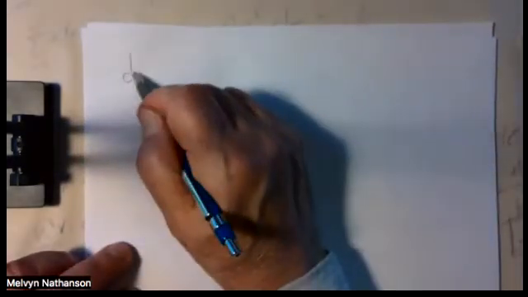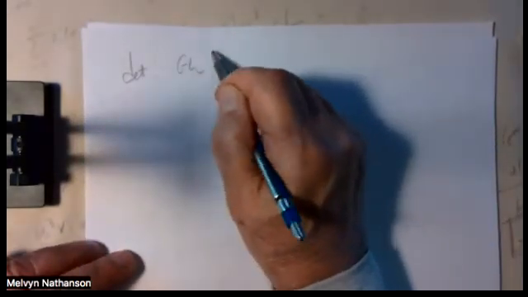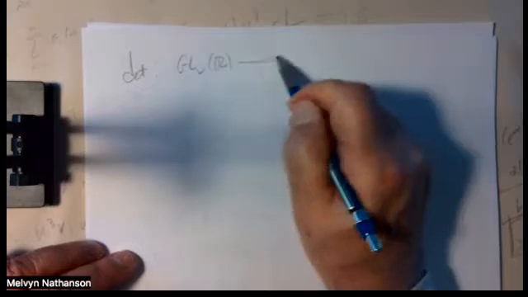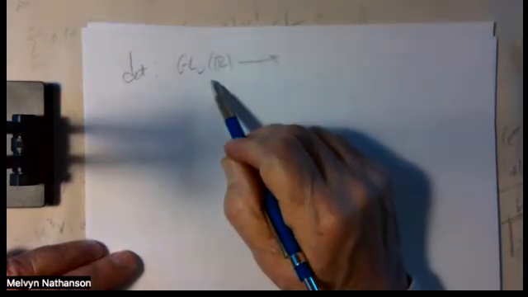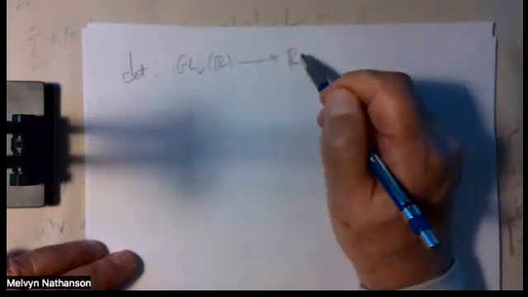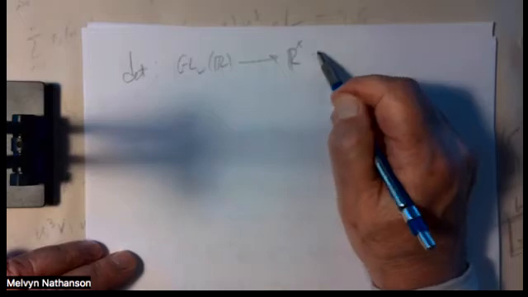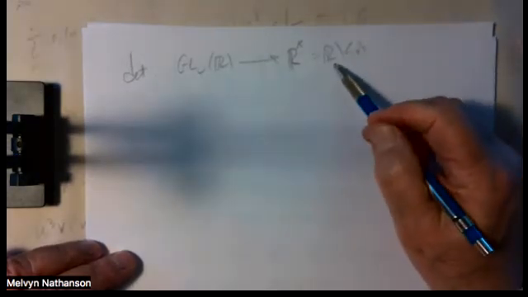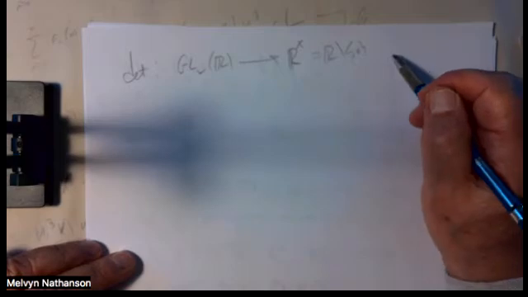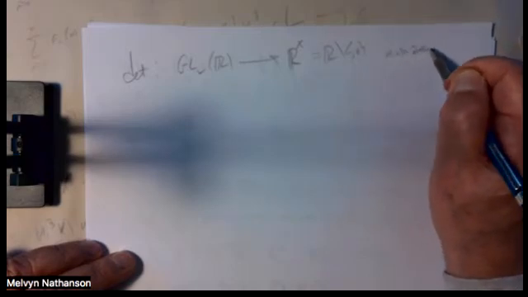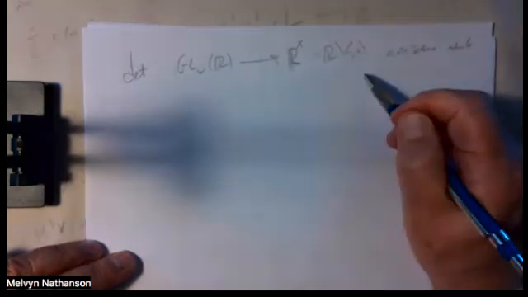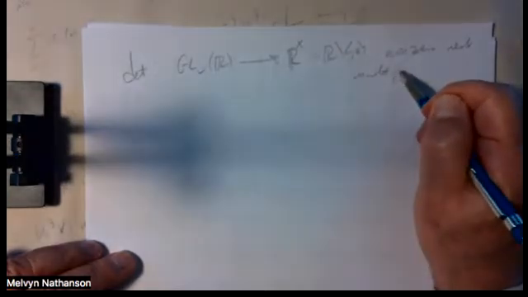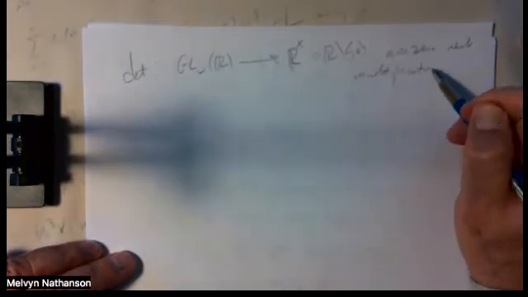And we've also at the same time proved that this determinant function, which takes a matrix with non-zero determinant and moves it to the non-zero real numbers, positive or negative, is a map into the non-zero reals, which is a multiplicative group, right? You can multiply and divide.